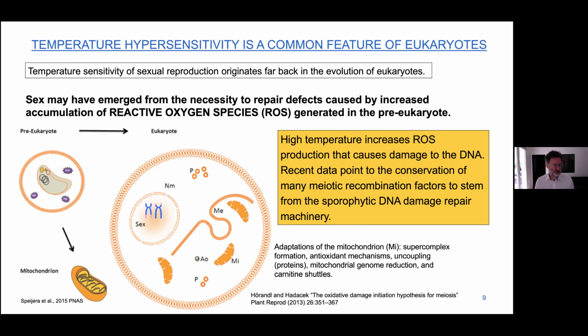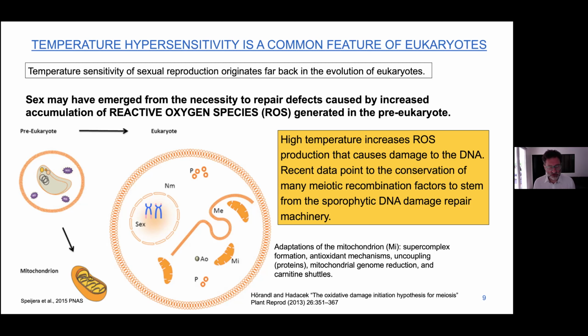And what happened in such a situation is that because of the production of energy inside the cell through a dedicated organelle, the mitochondria, a lot more ROS is being produced. And we know that these oxygen species can cause damage to DNA, and that DNA damage repair mechanisms actually respond to increased ROS to repair the DNA.